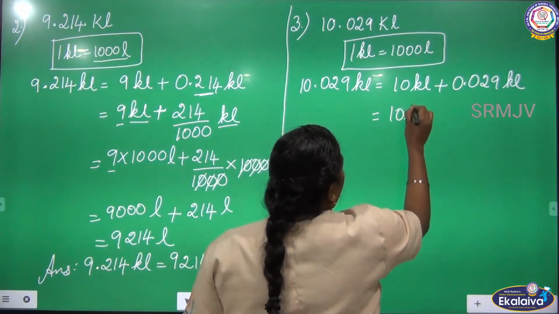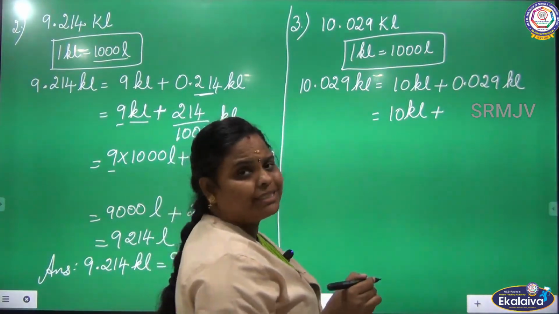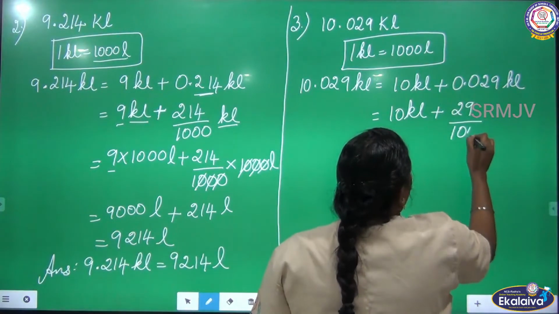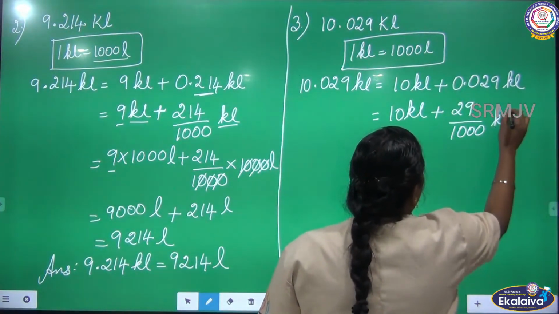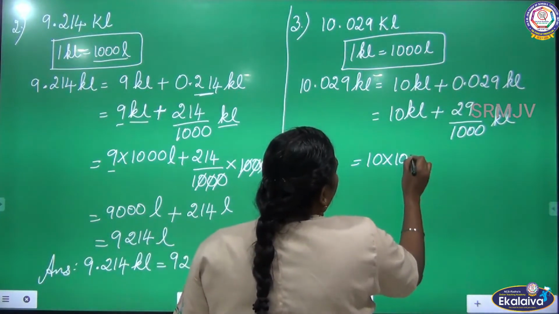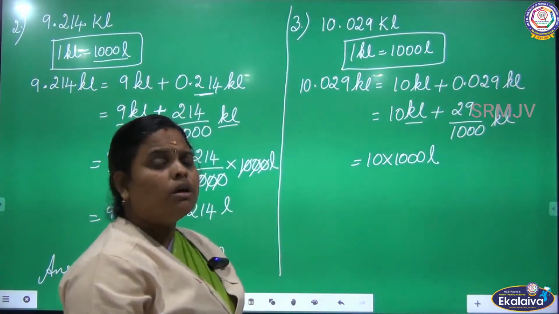So we will write 10 kiloliter. So tell me the fraction for 0.029. 29 by 1000 kiloliter.